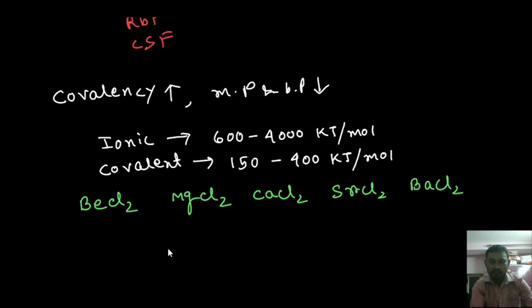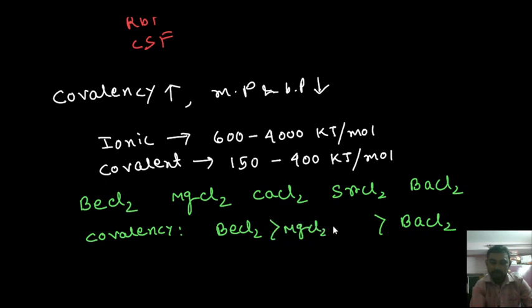So barium 2 plus has a larger size, so the covalency will be least in case of barium chloride, and it will be maximum for beryllium chloride. The trend is beryllium chloride, magnesium chloride, calcium chloride, then strontium chloride, then barium chloride.